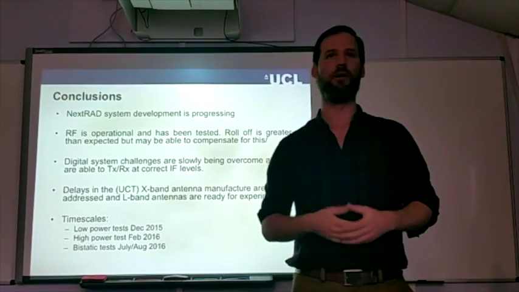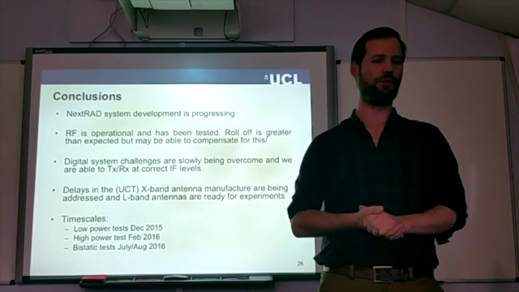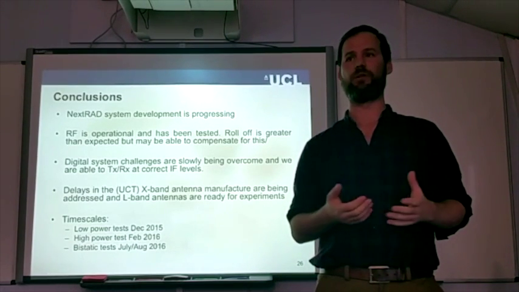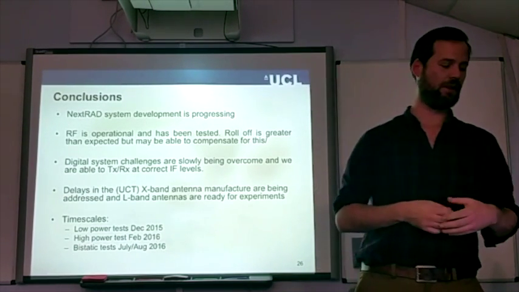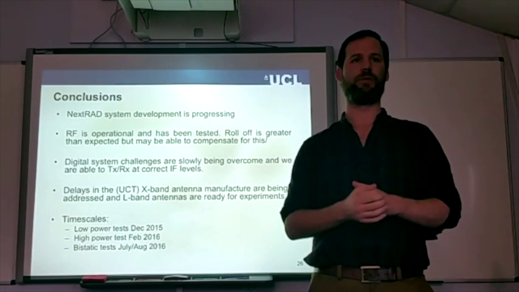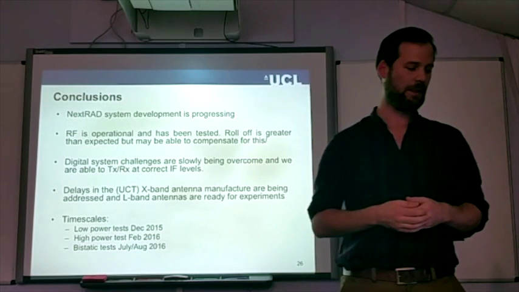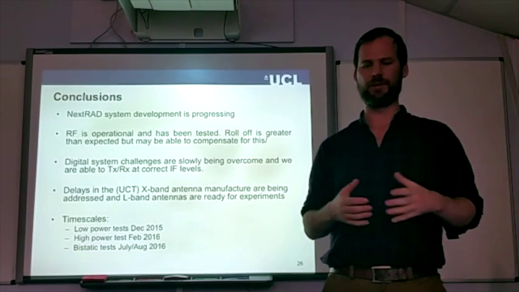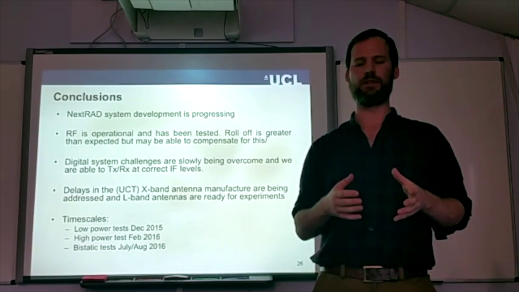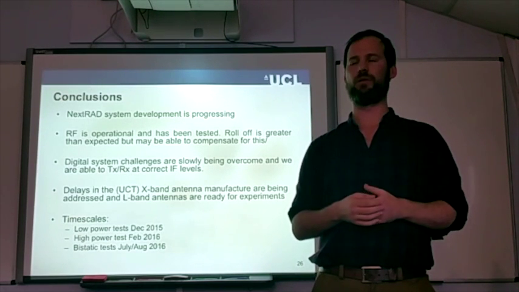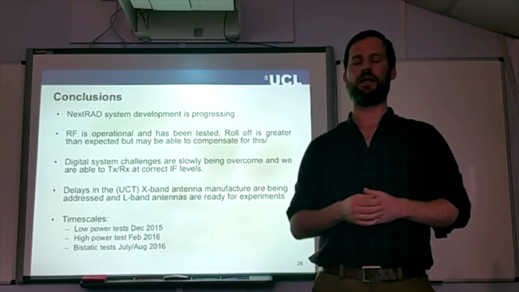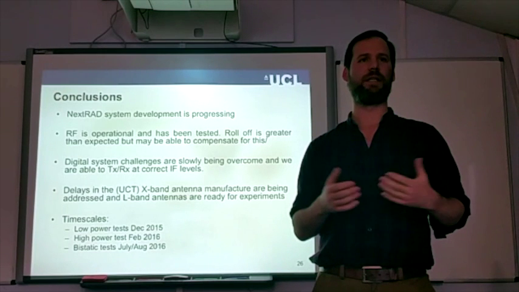So, I've overrun a little bit, but I've told you everything about the recent developments with the radar: the RF is operational, we have these preliminary results, and we've made some good progress recently with the digital side of things as well. There were some delays with the X-band antennas at UCT, as part of a small master's project there, but they're now looking to get that outsourced.